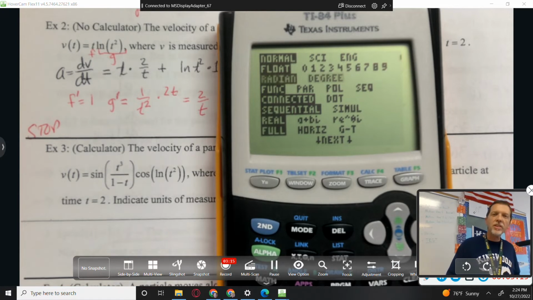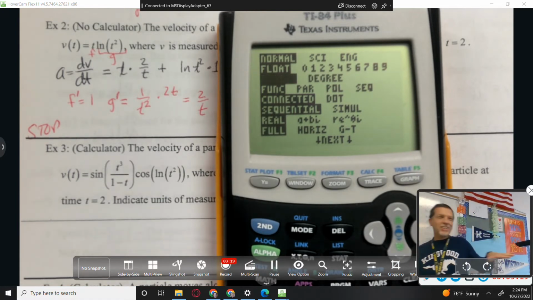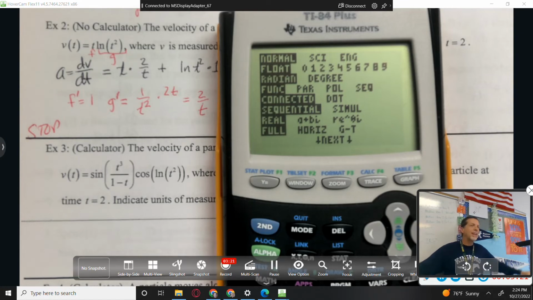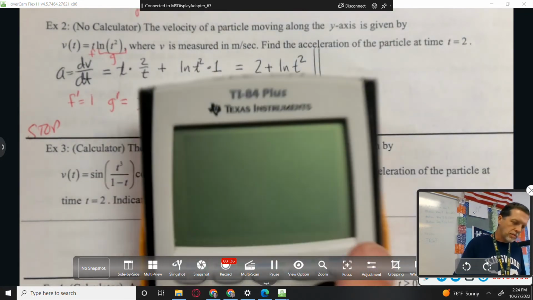This one wasn't. So yes, make sure you're in radians. In calculus, you will always be in radians. You will not ever be in degrees. In physics, you're usually in degrees. So be careful when you use your own calculators and you're moving back and forth between physics and calculus. That's why I asked. I wanted to make sure.